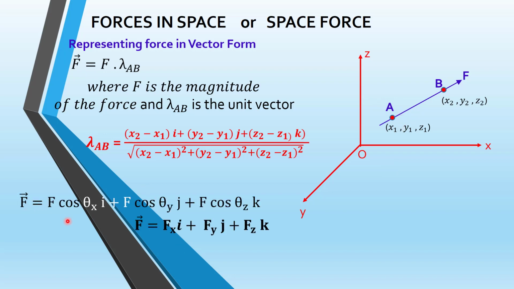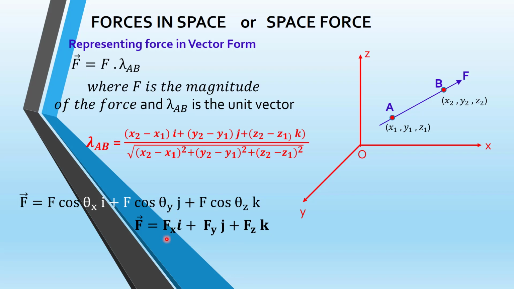That can be done using this formula, that is F in the vector form is equal to F cos theta x into i plus F cos theta y into j plus F cos theta z into k, where theta x is the angle made by this force with respect to the x axis, theta y is the angle made by the force with respect to y axis, and theta z is the angle made by this force with the z axis. Or this equation can be written as F in the vector form is equal to Fx into i plus Fy into j plus Fz into k.